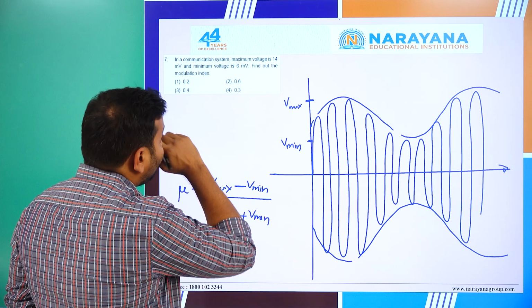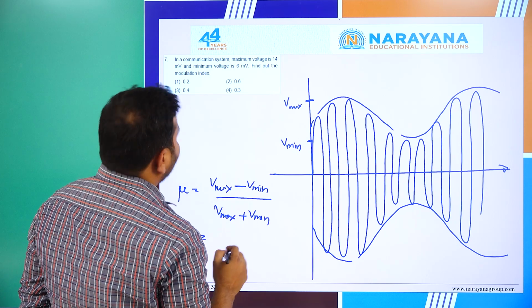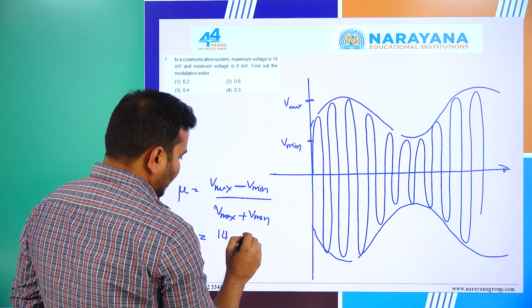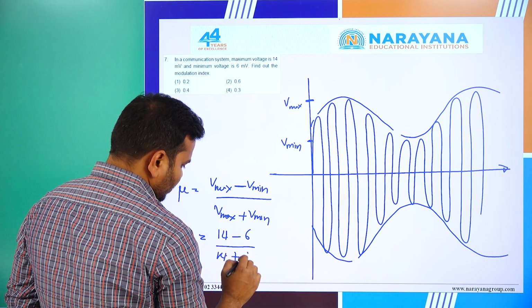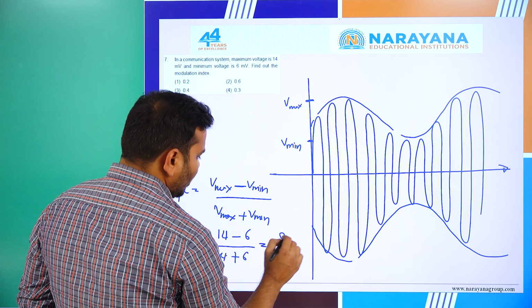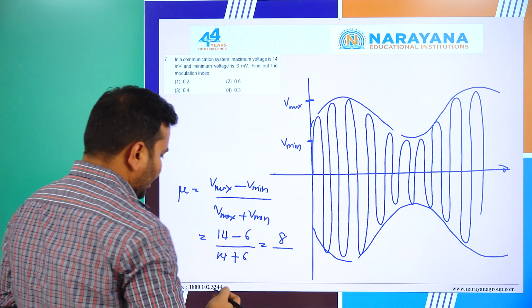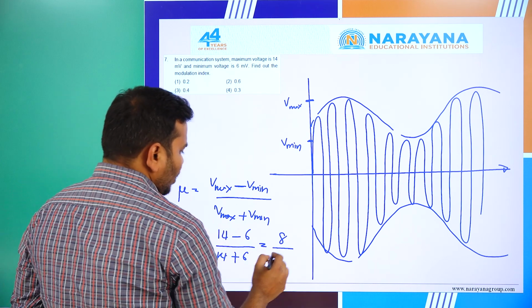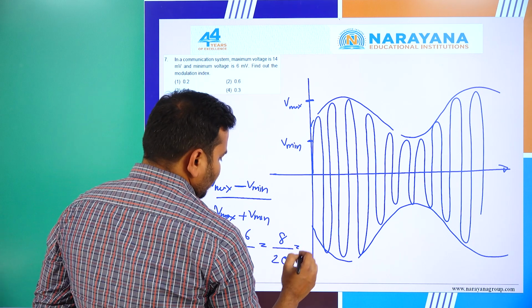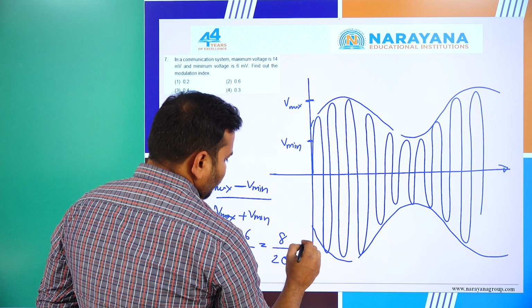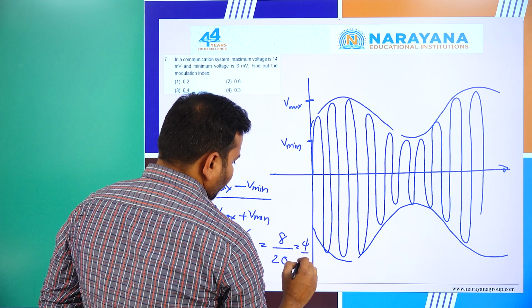This will become 14 minus 6 divided by 14 plus 6, so 8 divided by 20.